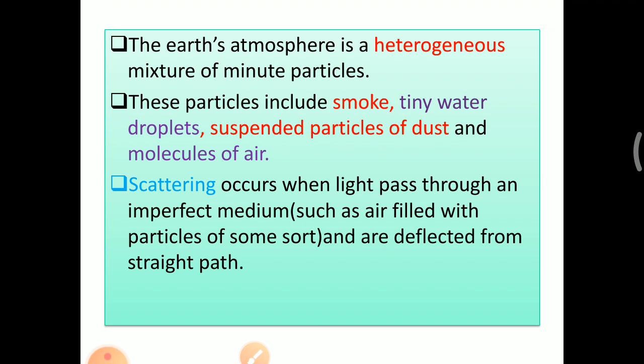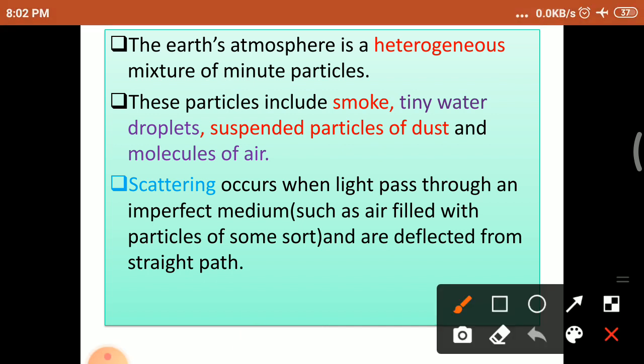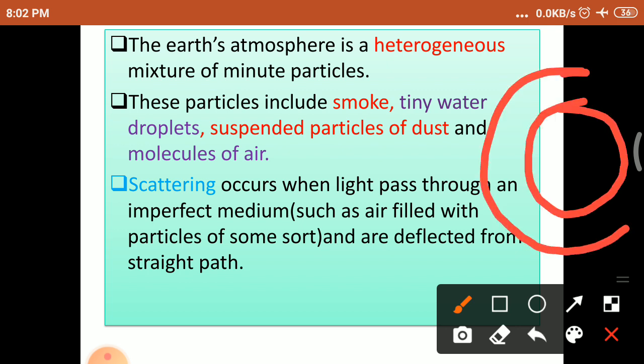The Earth's atmosphere is a heterogeneous mixture of minute particles. You know that around the Earth there is an atmosphere, and it consists of a heterogeneous mixture of minute particles. Homogeneous means a single type of particles; heterogeneous means many types of particles.